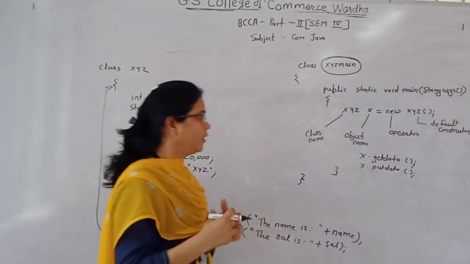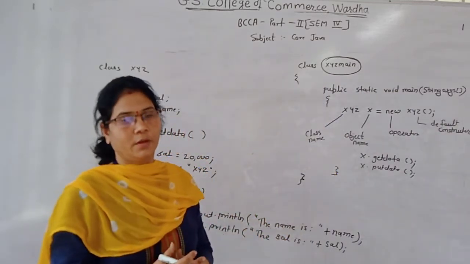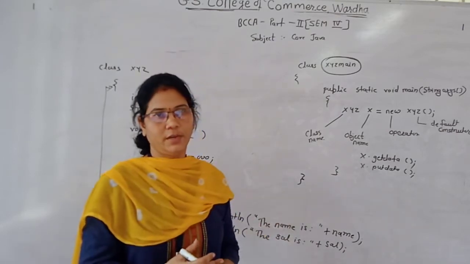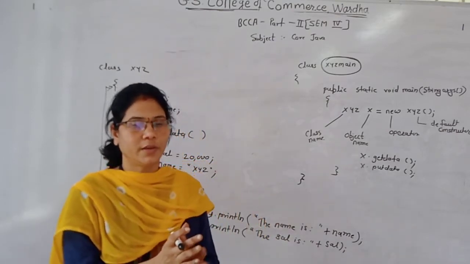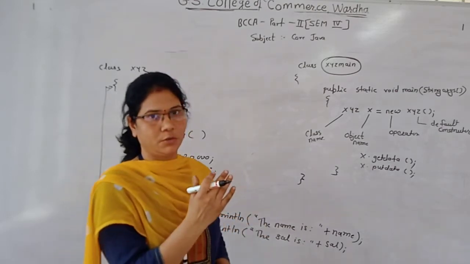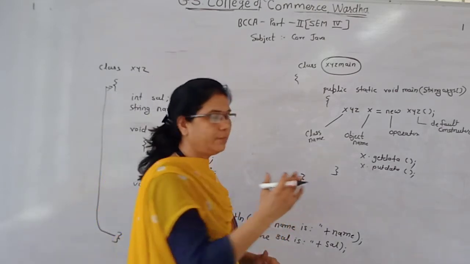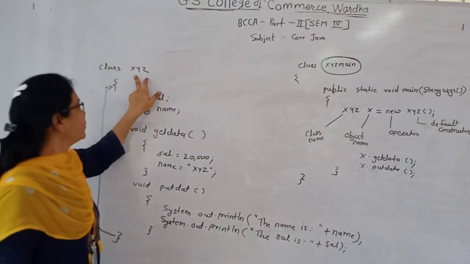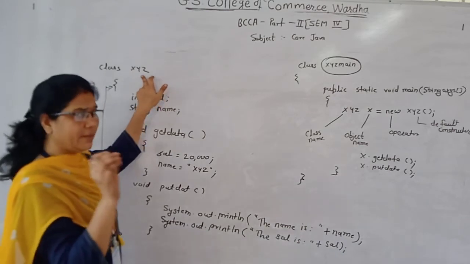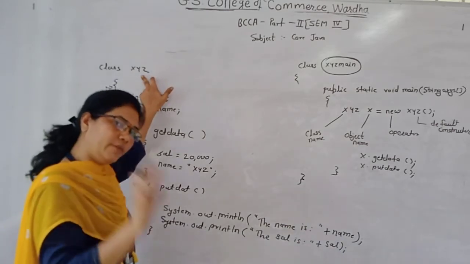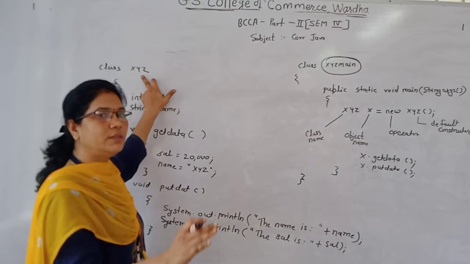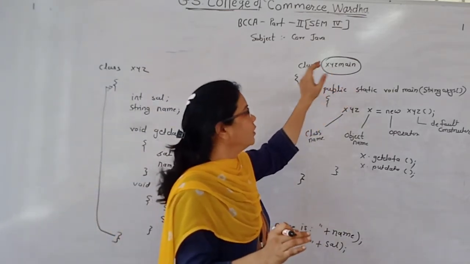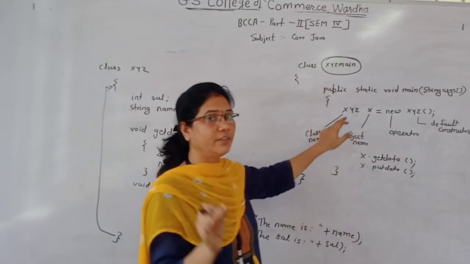Because whenever we compile this program, it creates the class file, and this class file is going to run with the main function, so it will be searched by main. If you save the file using the XYZ class name, it will work, but when you run this file, you have to use the name of the class which has the main function.